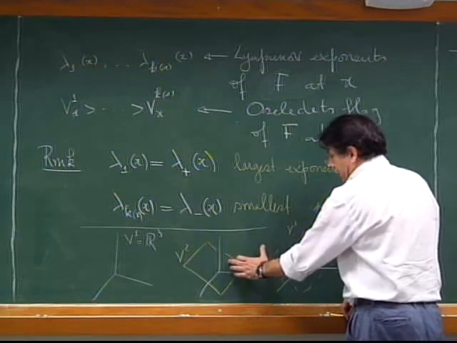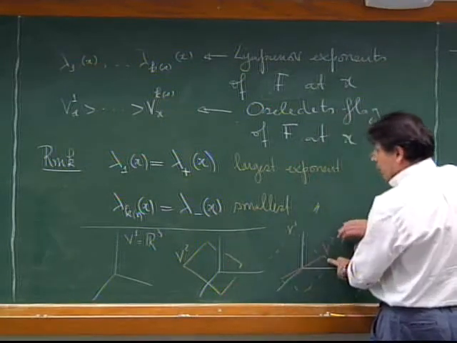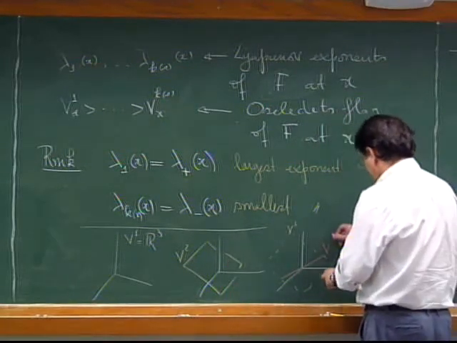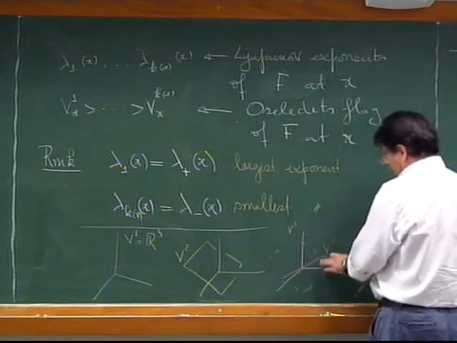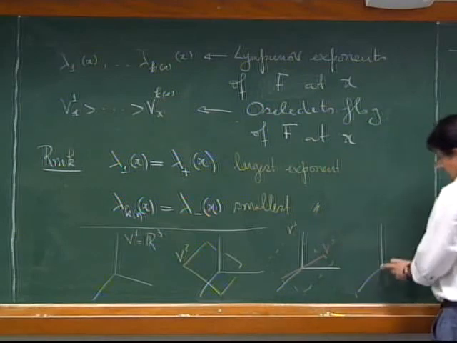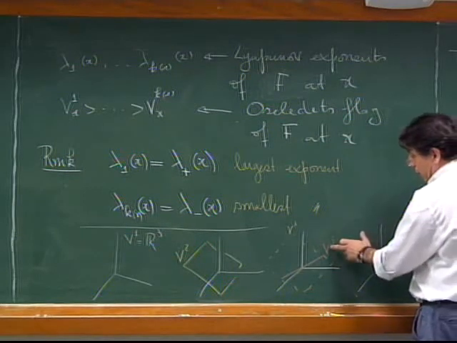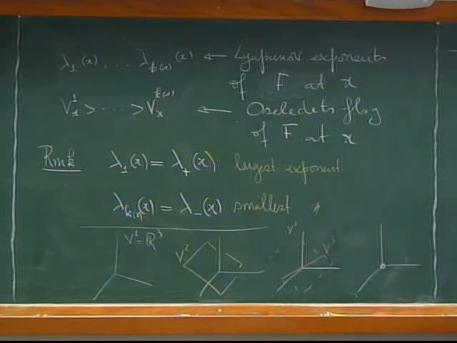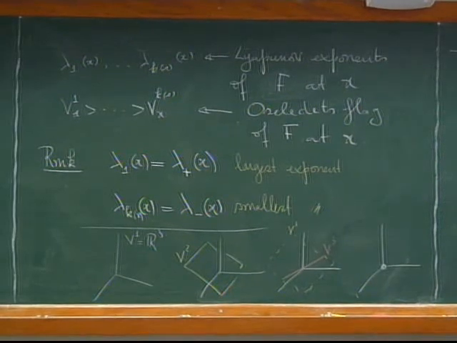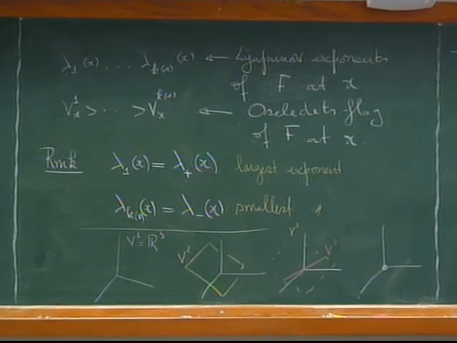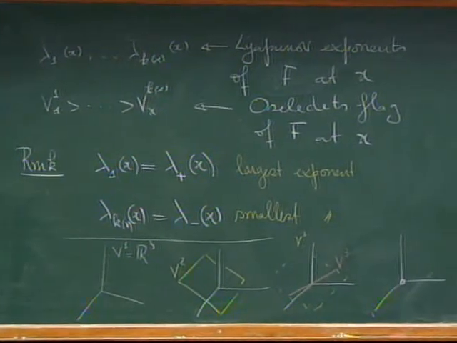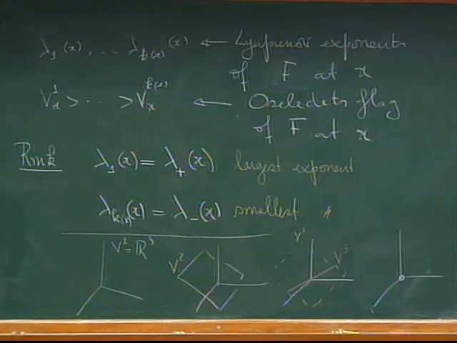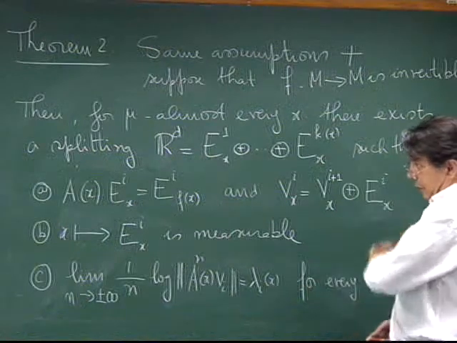Any vector that is in V_2 but not in V_3 grows at rate lambda 2. And any vector in V_3 minus 0 grows at rate lambda 3. Okay, we have this stratification, and the vectors in the difference between consecutive subspaces have a well-defined rate of growth.